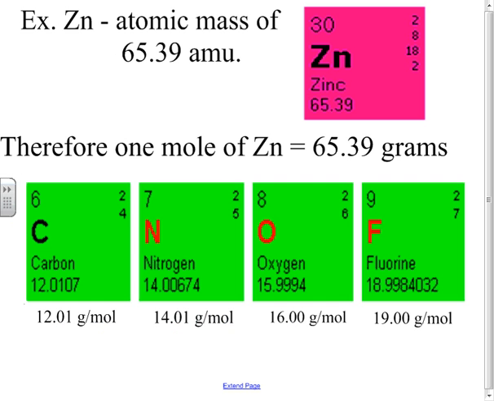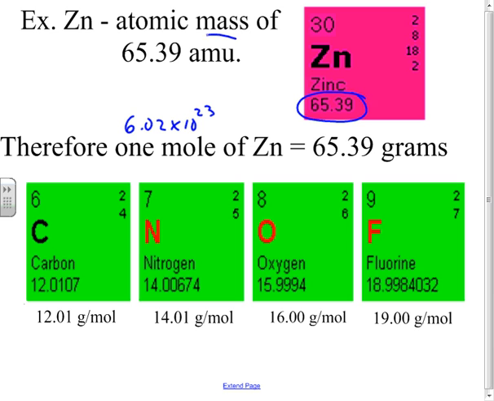So again, how do we figure out the molar mass of a substance? Well, you go to the periodic table, and for example, zinc. You can find that the atomic mass is 65.39 atomic mass units. Again, the atomic mass is the average mass of an atom of that element, and therefore 1 mole, or 6.02 times 10 to the 23rd representative particles or atoms, has a mass of 65.39 grams.